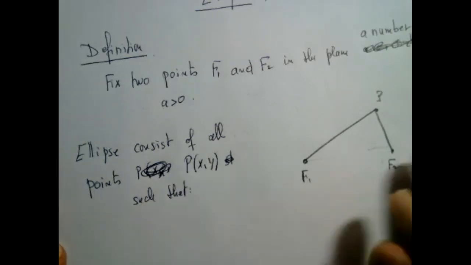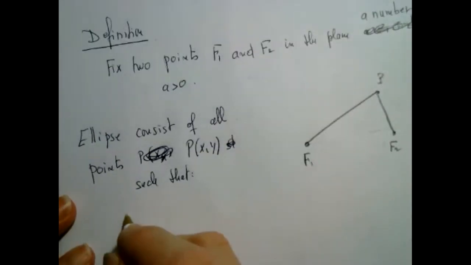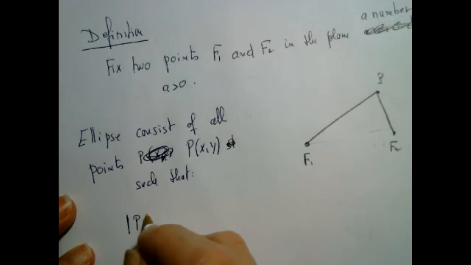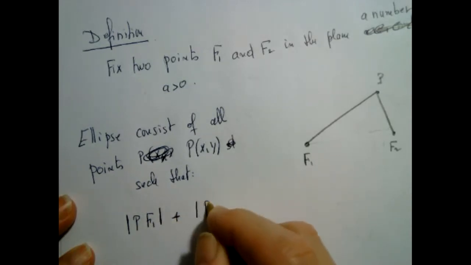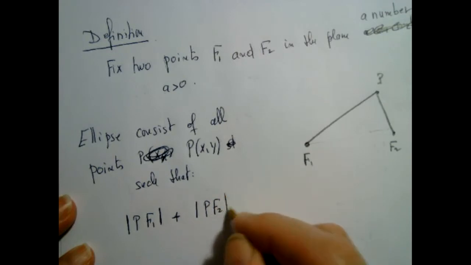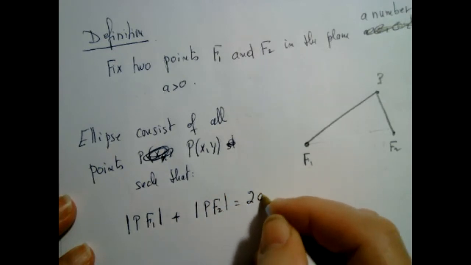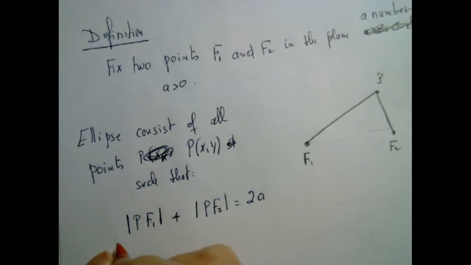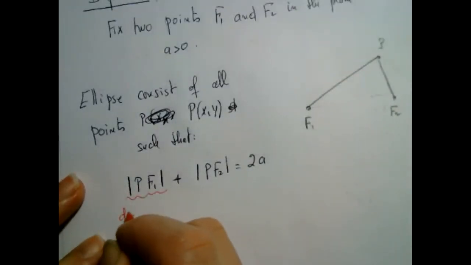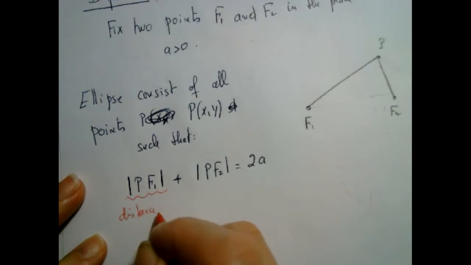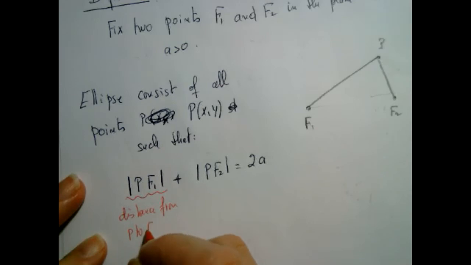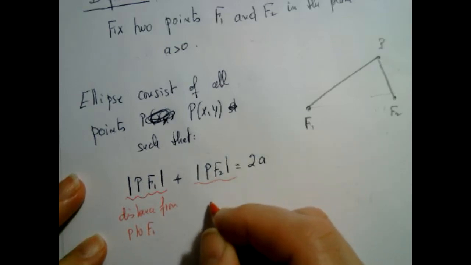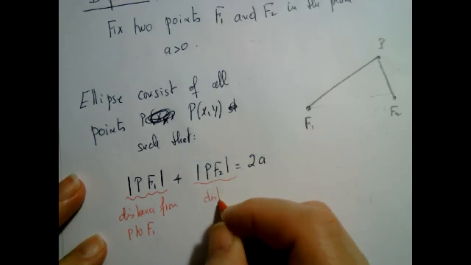So it consists of all the points P such that the distance from P to F1 plus the distance from P to F2 is a constant number. This notation here means distance from P to F1, and this is distance from P to F2.